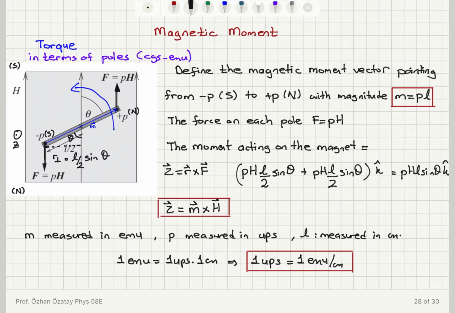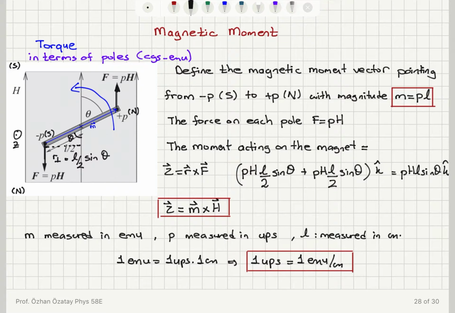I will have a review of this conversion of units in the next video, but so far that's basically what I have to use for the definition of units in the CGS EMU system.